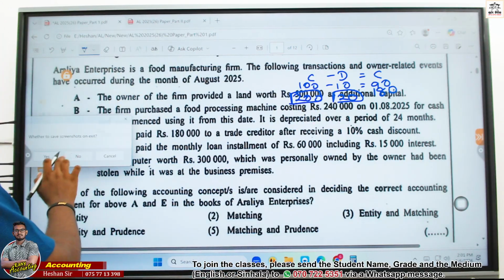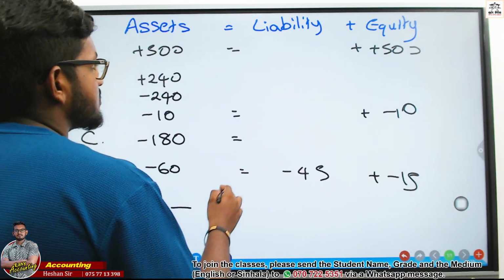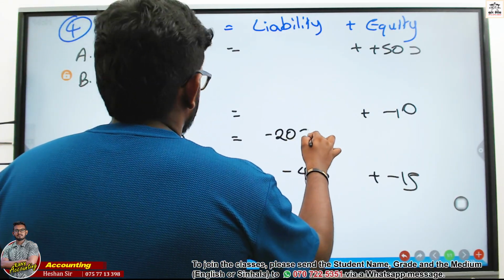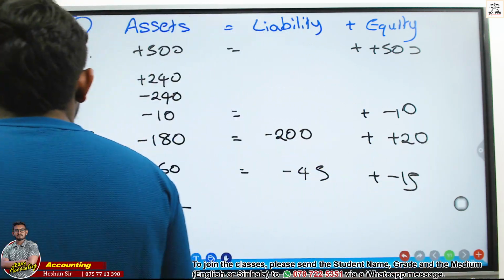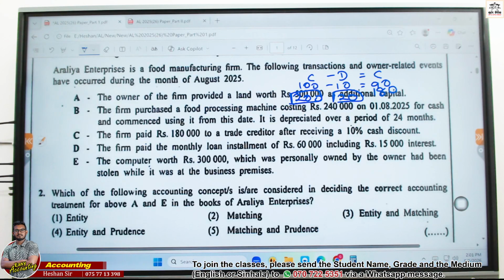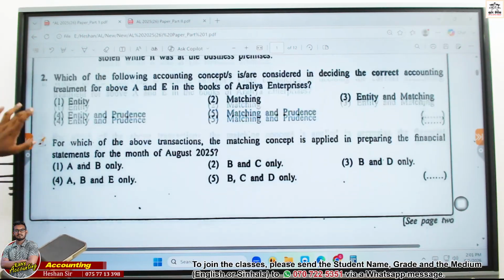So creditors decrease 200, right? Creditors decrease 200. So we have received the discount of 20, right? So E we can't record because it is the owner's personal thing, not relevant to the business, right?